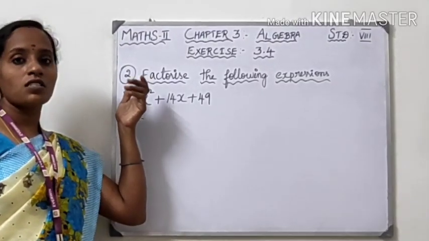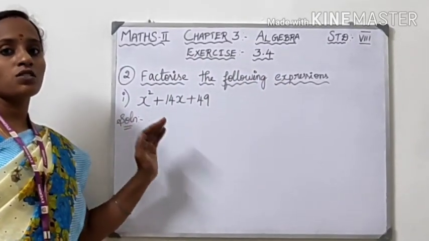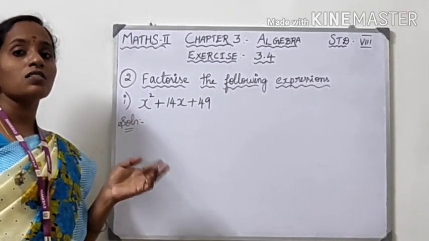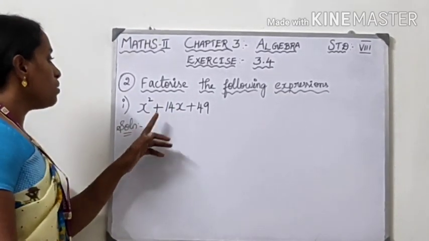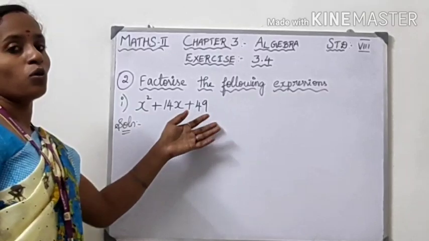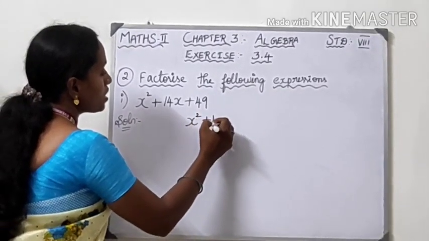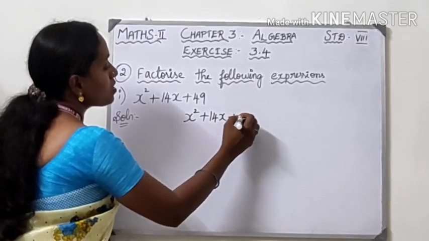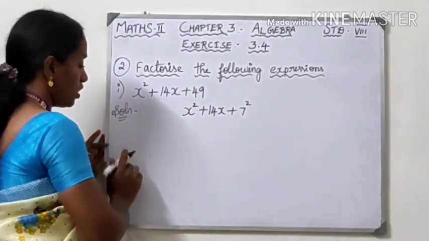Here we are going to see the second question. Factorize the following expressions. So here in this Roman we are going to factorize using the identity for this first sum. x square plus 14x plus 49. I am going to write our question as x square plus 14x plus 7 square. 7 square value is nothing but it is 49.